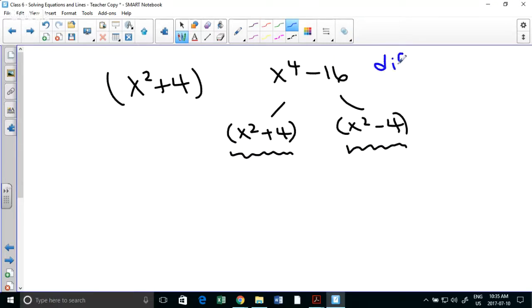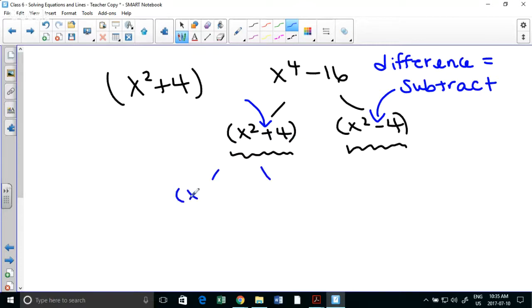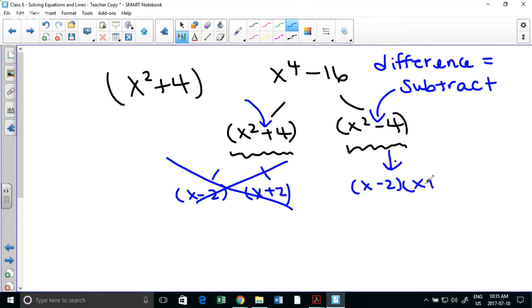So a reminder of what difference means. Difference means subtract. This is a subtraction. This is an addition. So this is not a difference of squares. I saw some people saying, well, this is a difference of squares, and factored it like this. This is not okay. You can do that with this one, but not this one.